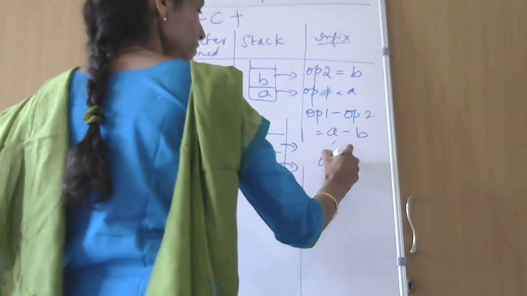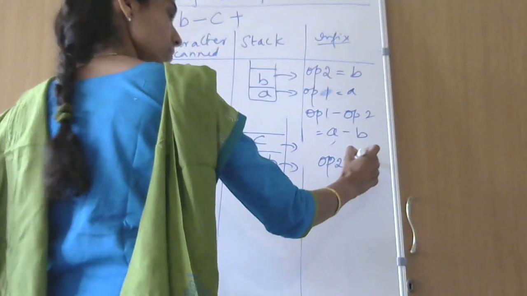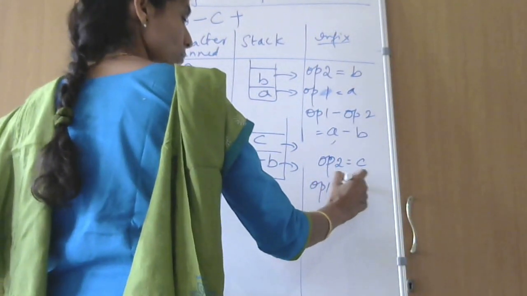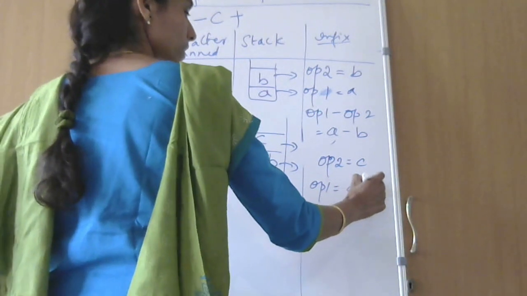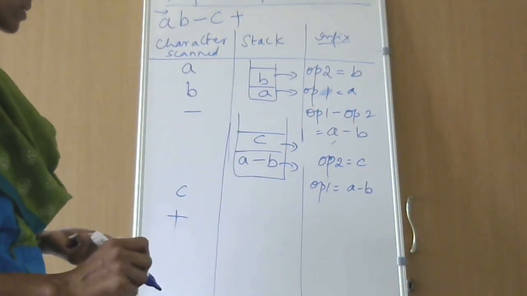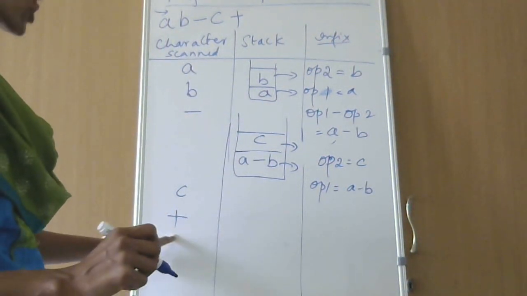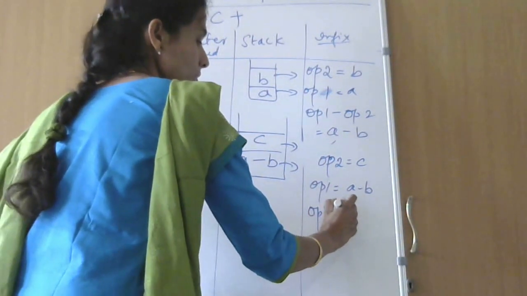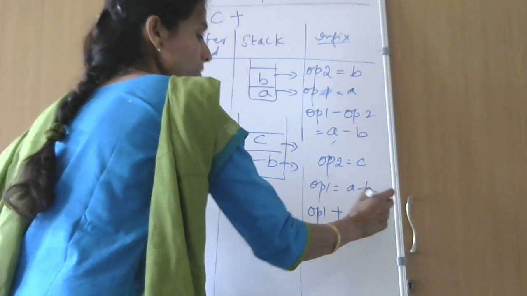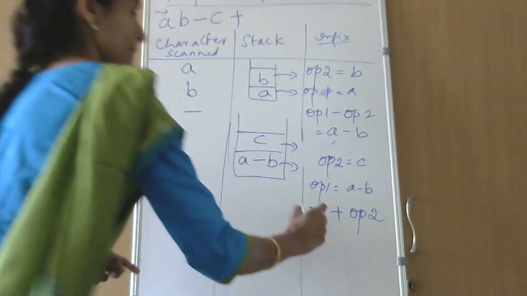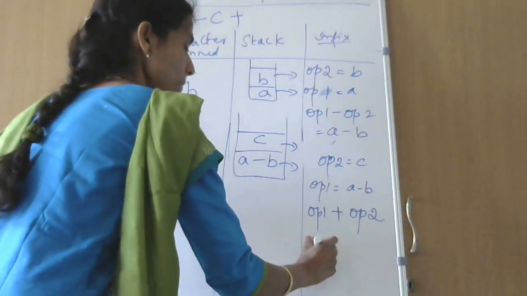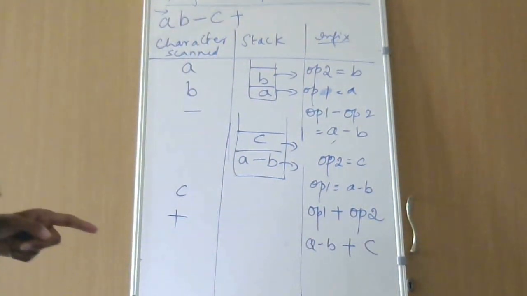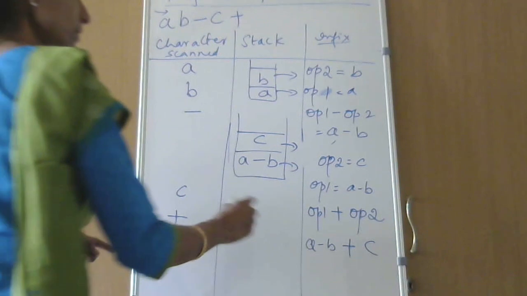So my operand 2 will now contain C. Operand 1, the variable, will contain A minus B. Now I perform an addition on these two, that means operand 1 plus operand 2. Operand 1 is A minus B, plus operand 2 is C. This is the final result.